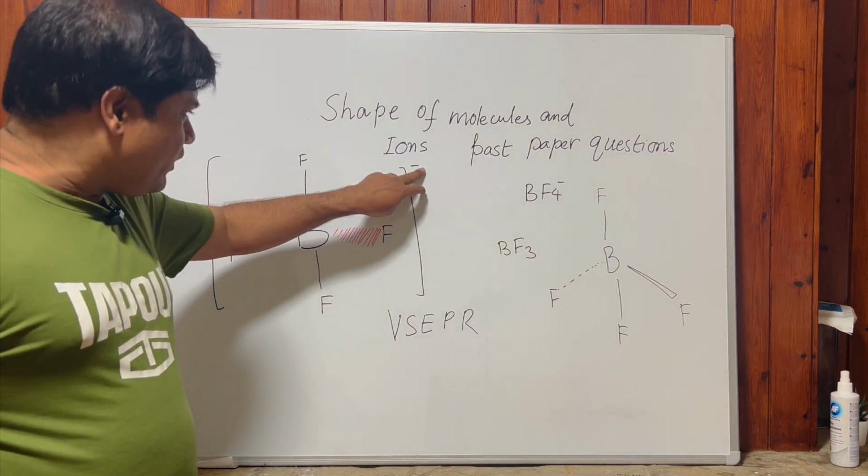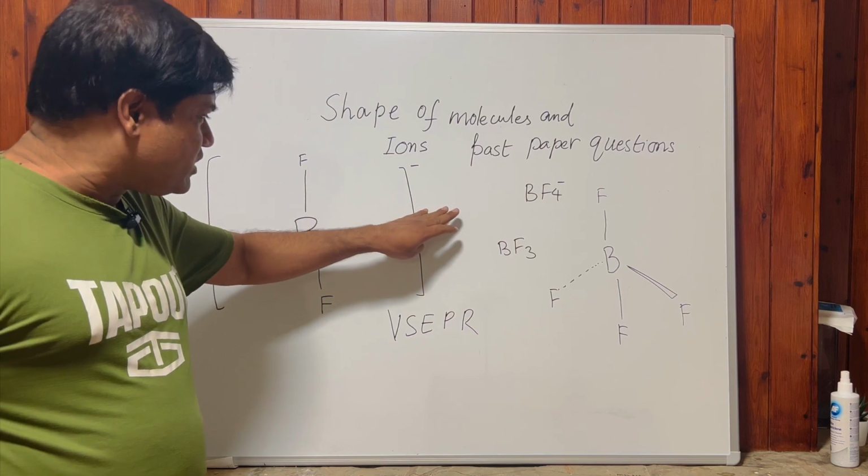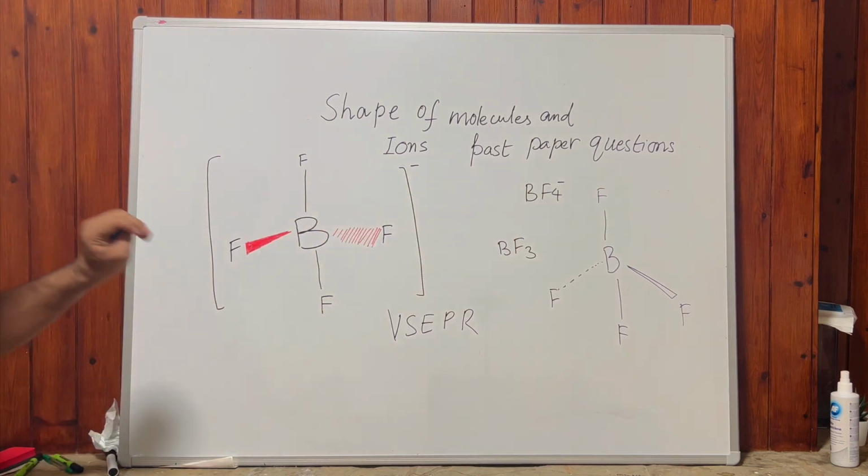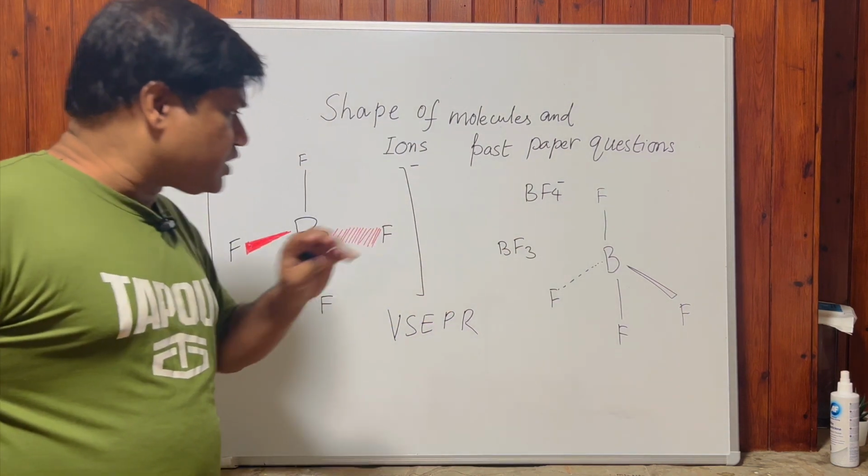But here the negative charge is not present on the central atom. This negative charge is the overall charge.